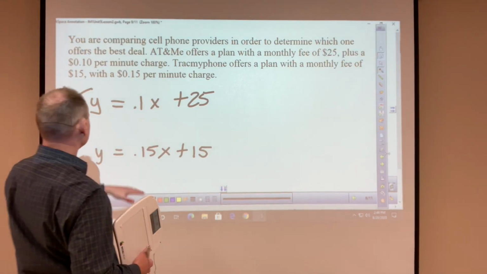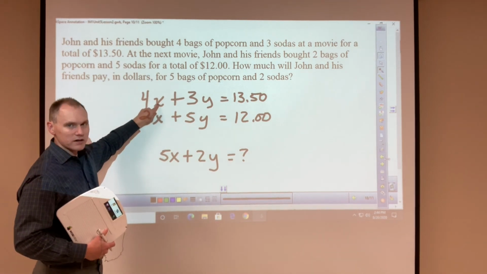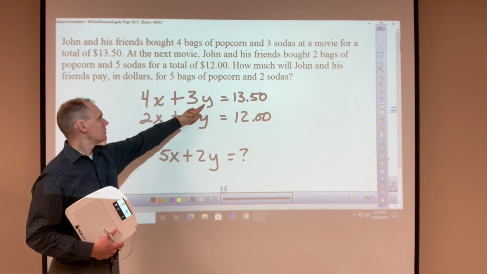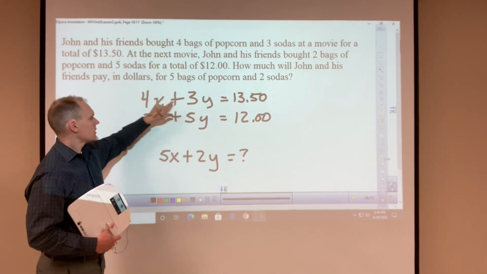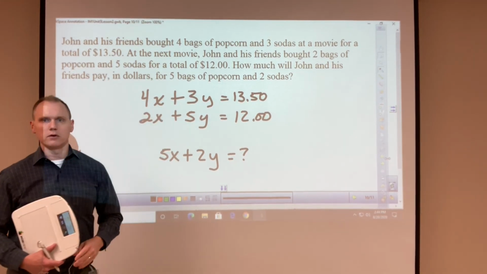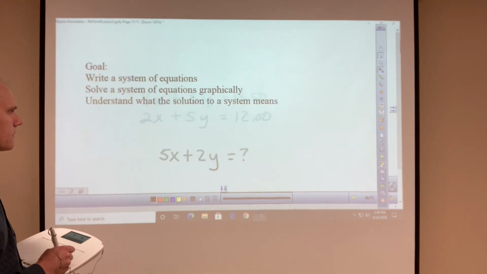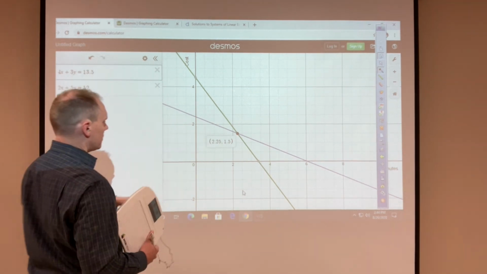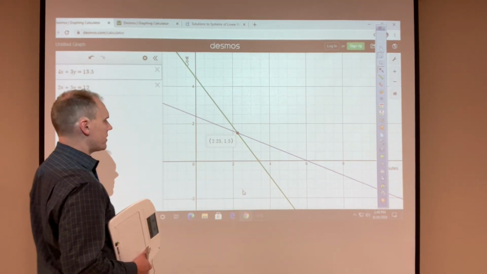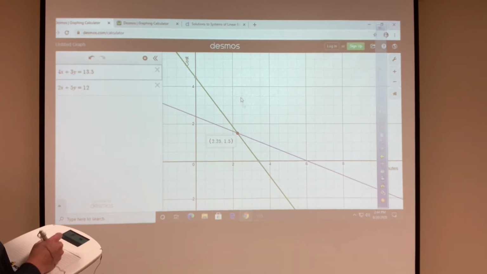When I defined X and Y, X is the cost for popcorn and Y is the cost for a soda, because the 4 and 3 are the number of those that I purchased. Sorry about that. All right, so again, a bag of popcorn costs $2.25, a soda costs $1.50. Again, we're looking at the solution here and where they intersect.